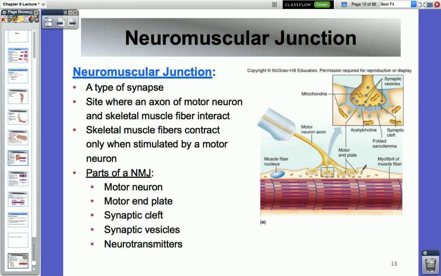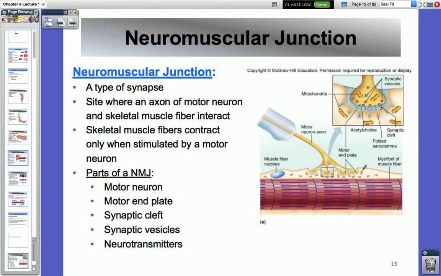So there is a very, very delicate and interesting interaction between the nervous system and the muscular system. Every system interacts in some way, and this is just one way that the nervous system and the muscular system work together.